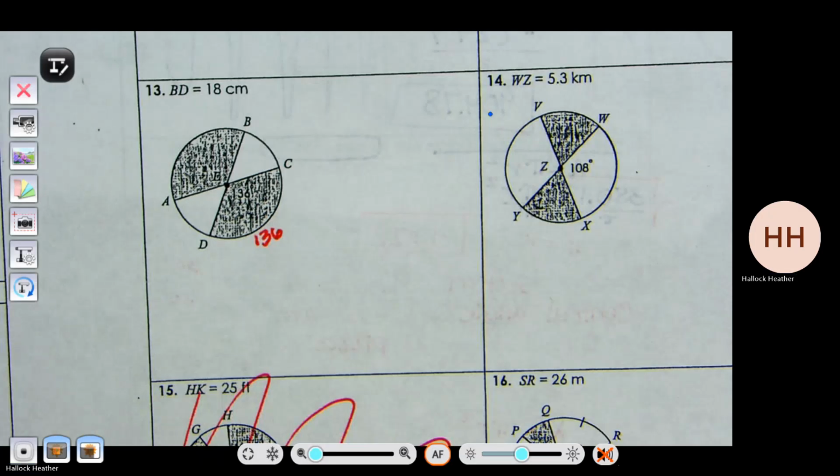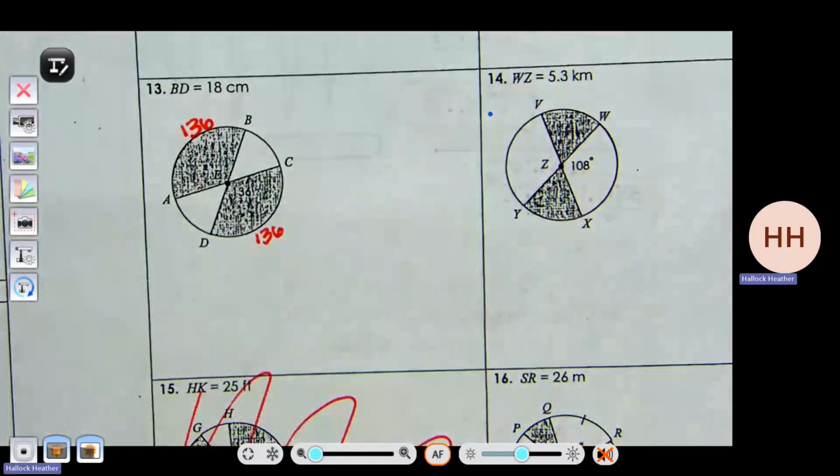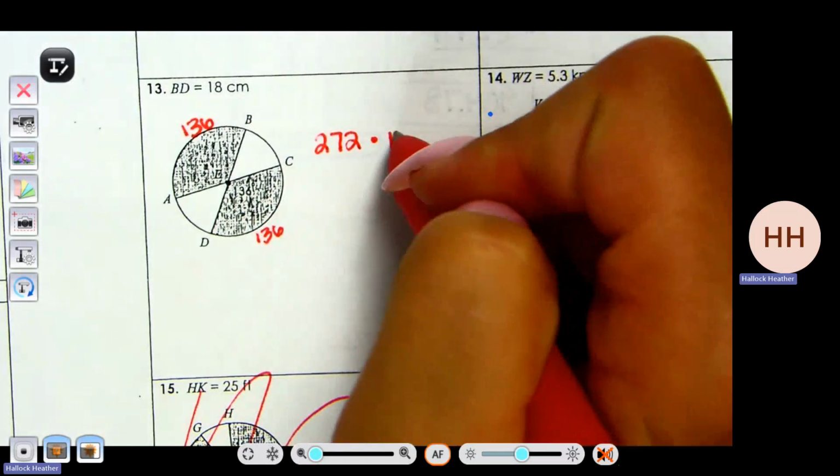What's the other one? Why is the other one also 136? Because they're vertical angles. So from chapter 2, vertical angles are congruent. Okay. All of this should be tying together because it's the end of the year. Vertical angles are congruent. So the arcs are congruent because central angles are congruent to the arcs. So 136 and 136 added together is how much in total? 272. I'm timesing by pi.